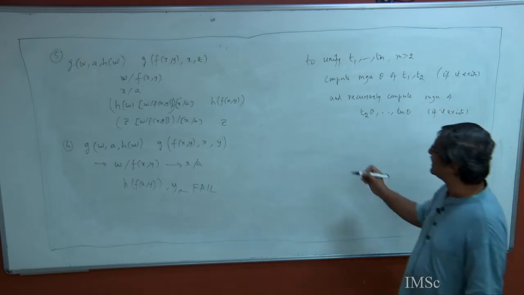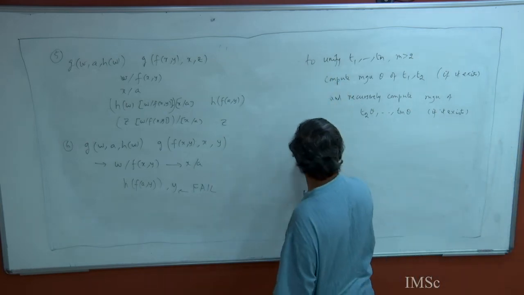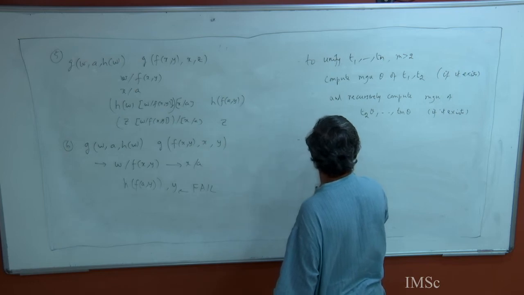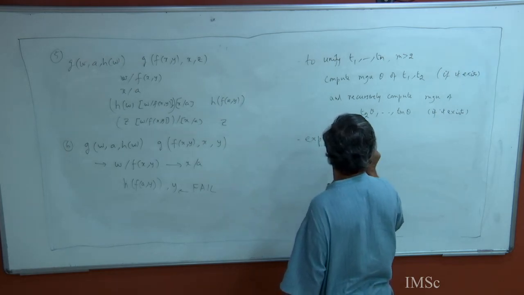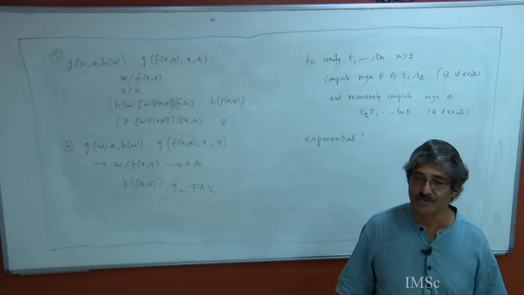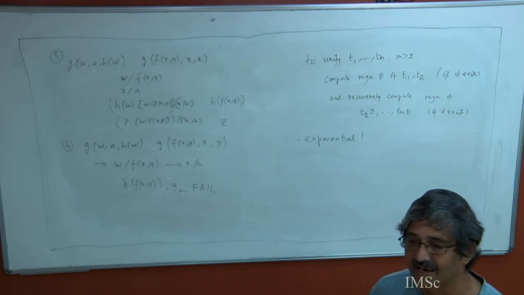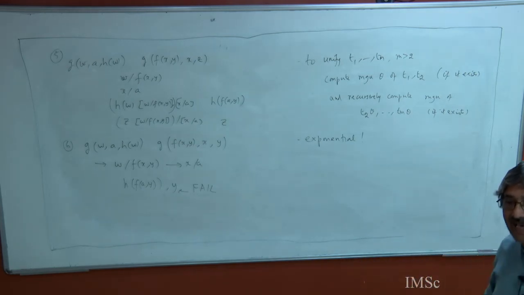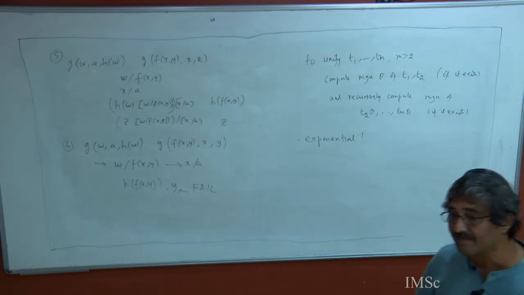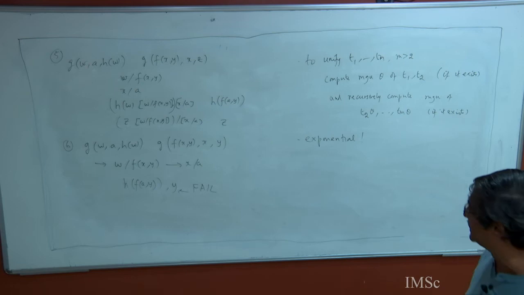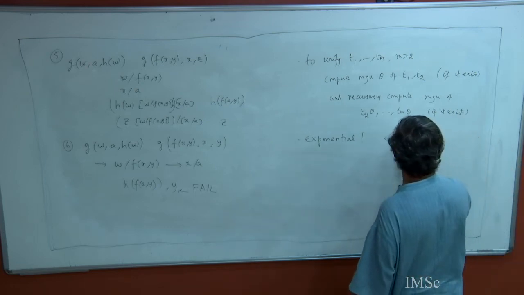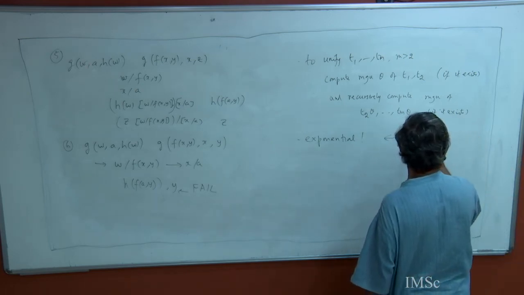For the algorithmically minded, you should actually set up the recurrence and solve it and see that it takes exponential time. So it's not a very good algorithm. There are much cleverer algorithms that exist. In fact, there is an algorithm due to Martelli and Montanari.